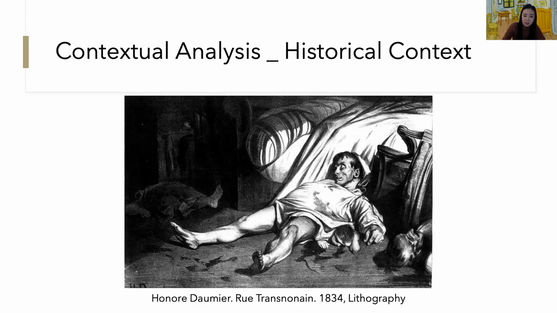All residents of the building, including old men, women, and children, were massacred. A bloody event that remains in history as the massacre of Rue Transnonain, imaged by the painter and caricaturist Honoré Daumier.